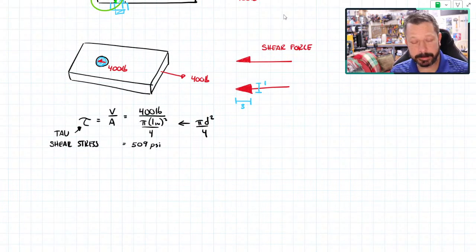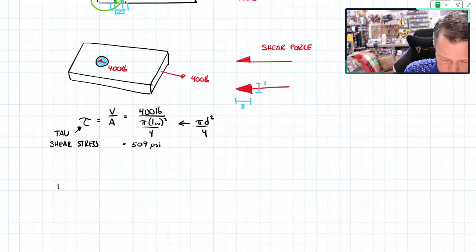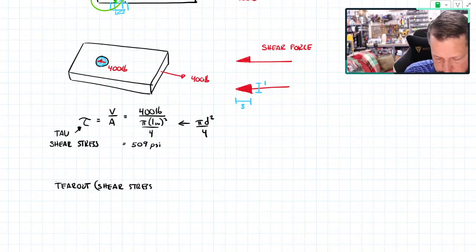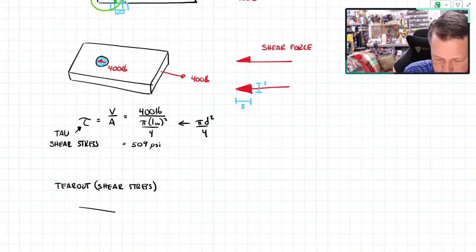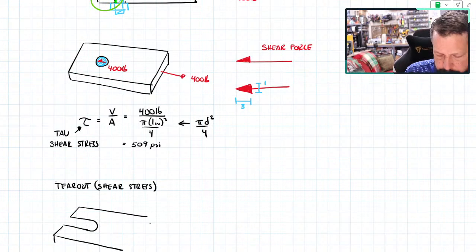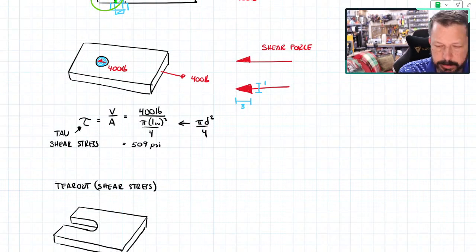This is called tear out. So for the bottom plate to tear out would look like none of those other things happened, but this little piece of material behind the bolt tore out of the plate.